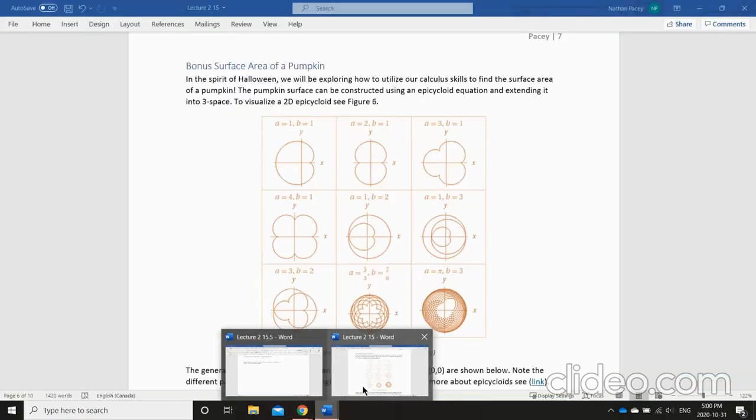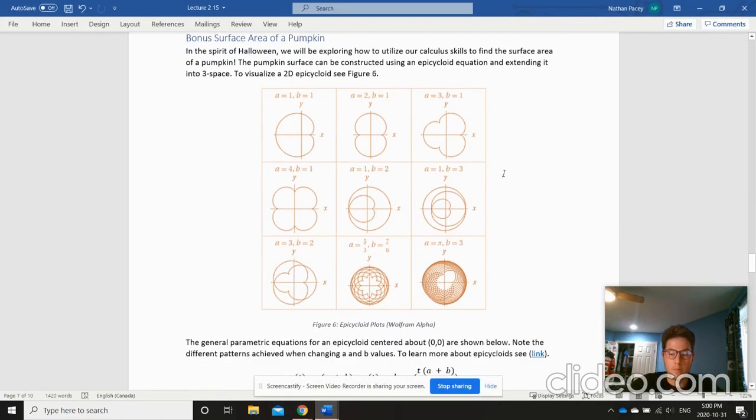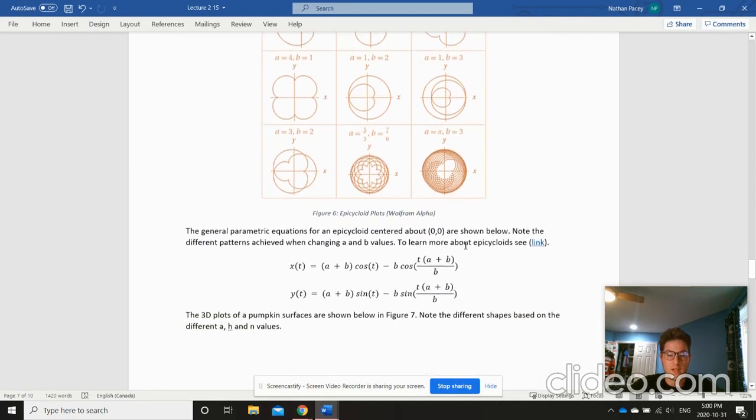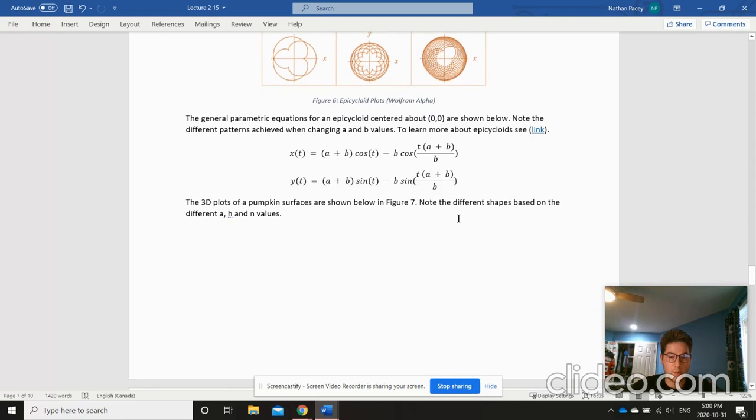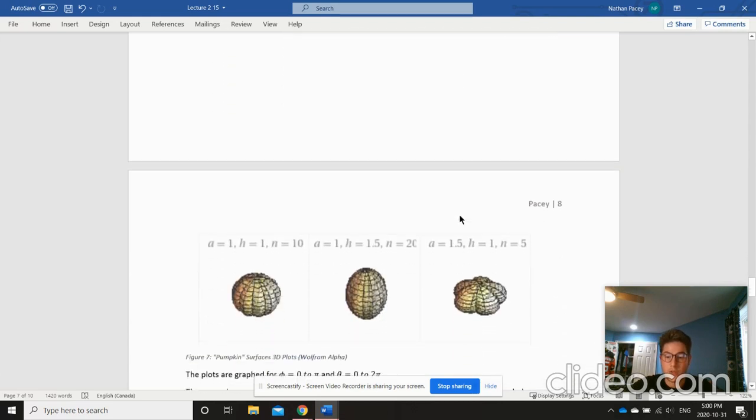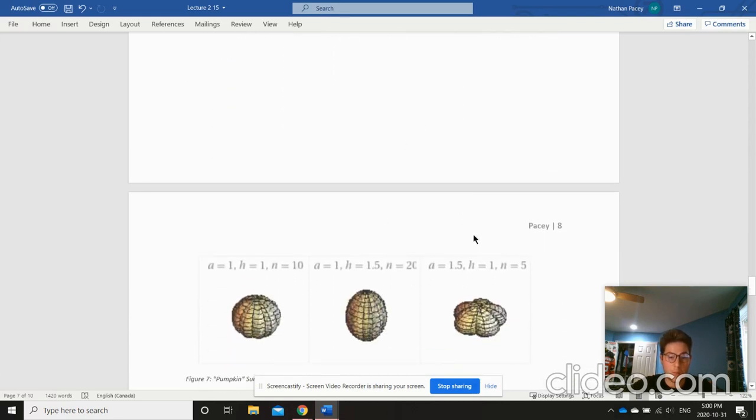So if we go back to lecture here, we can see that our parametrized equation will be in terms of the inner circle and outer circle's radii. So we have those equations here for x and y. And now we'll take them into 3-space to make our pumpkins.